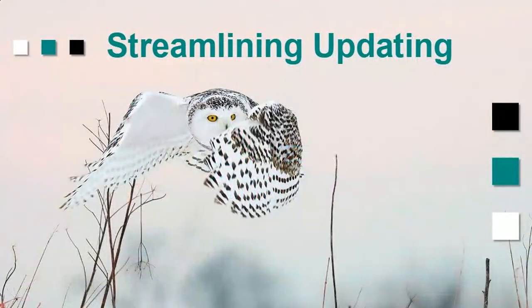Streamlining updating is another key thing that we've done with P6-Calculator. We have many clients that want to put in a percent complete and get more calculations off of that they can use. Resource earned value is an example of something that we have in our TAPs, our barcode updating. It is also something that we have in P6-Calculator, where you can put in different percent completes and different calculations can come together.